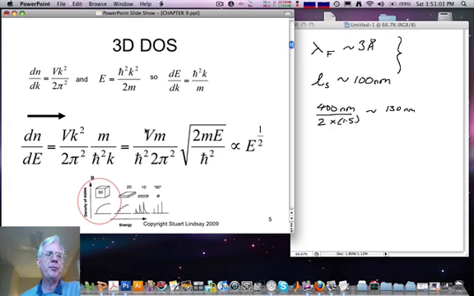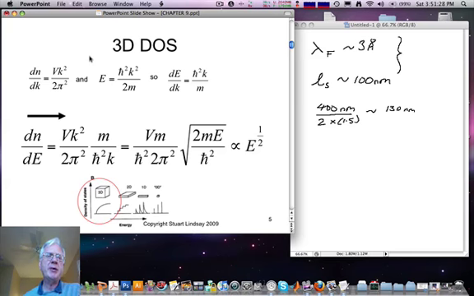We derived the density of states per unit K in Chapter 2, so just to remind you, this result was obtained by taking 4 pi k squared dk and dividing it by (2 pi over L) all cubed. We want, however, now the number of energy states per unit energy.